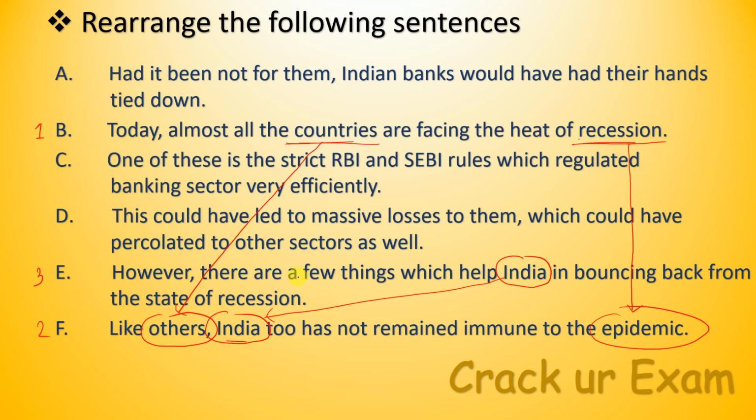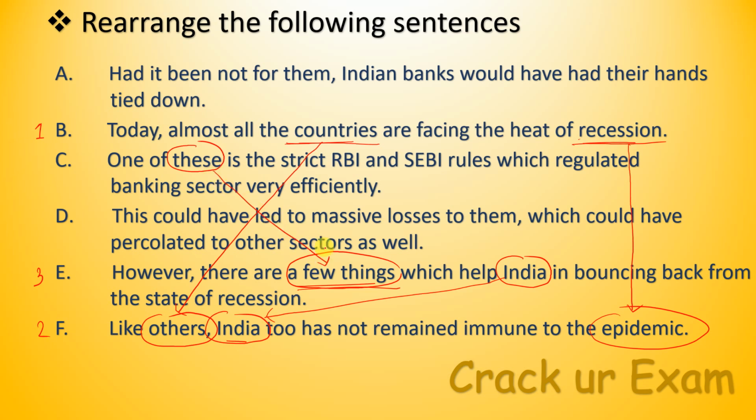So you have another noun here: a few things. Now in the next sentence you need to find out what the things are that we are talking about. One of these means it links with a few things. Now what are the things we are talking about?